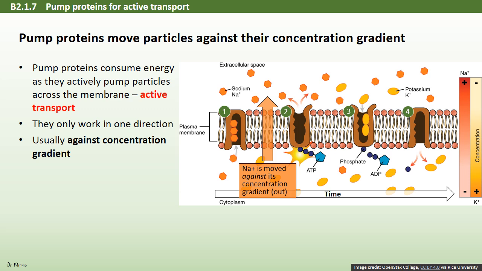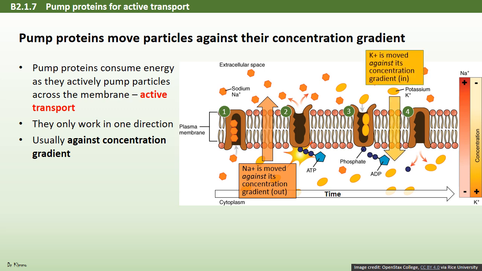The concentration of sodium is already higher in the extracellular space, but more sodium ions are still being pumped into that extracellular space. That's what we mean by against their concentration gradient.